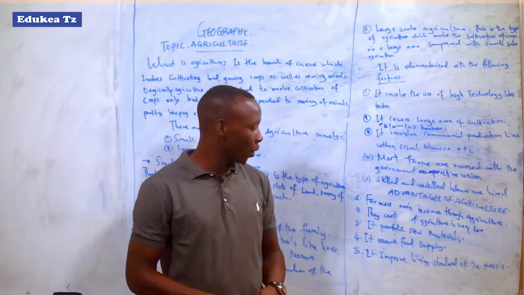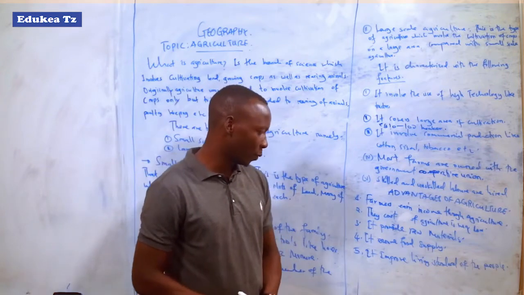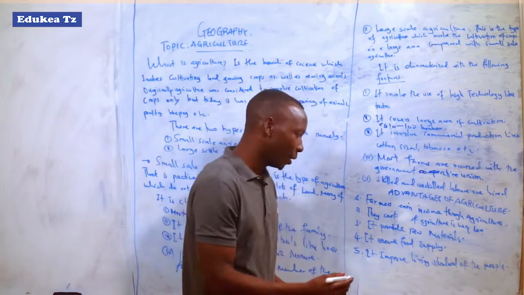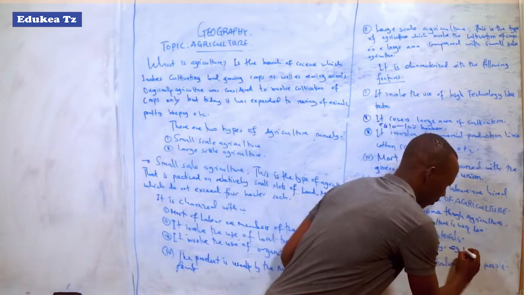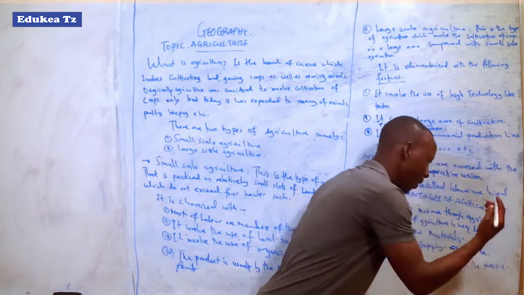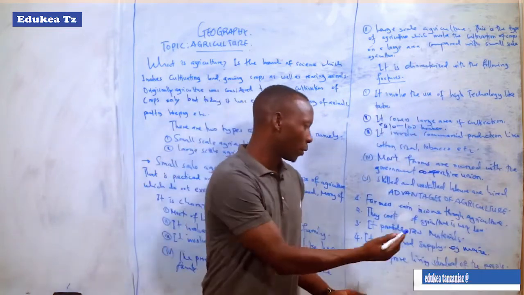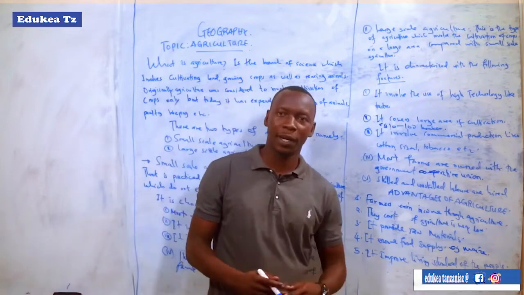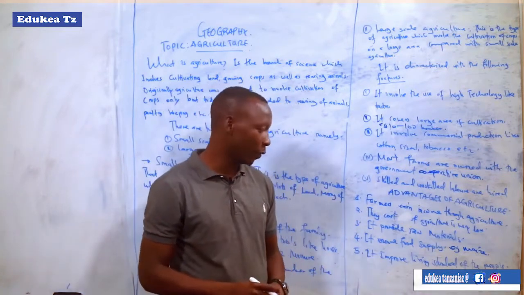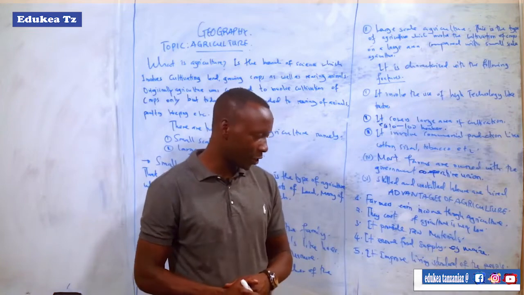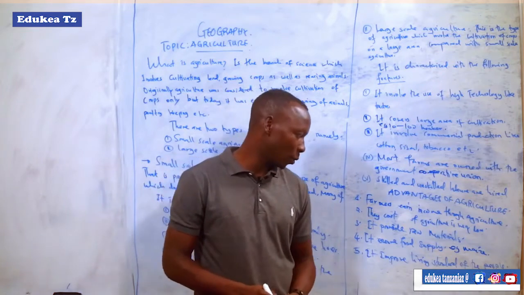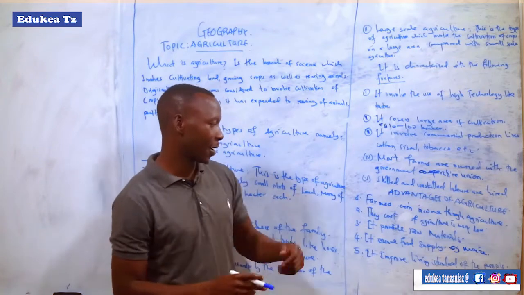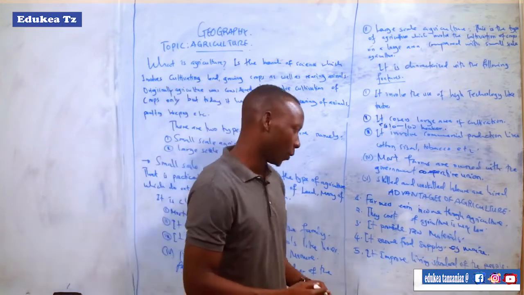Crops that are always cultivated are like maize, rice and others. So even the government and the nation in general get food. Also other services are provided through these agricultural activities. Okay, thank you.